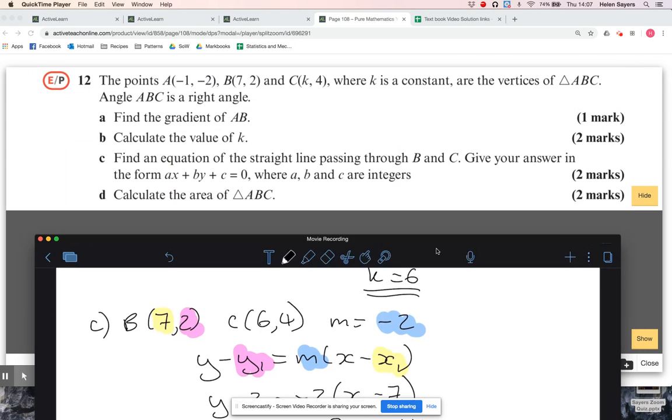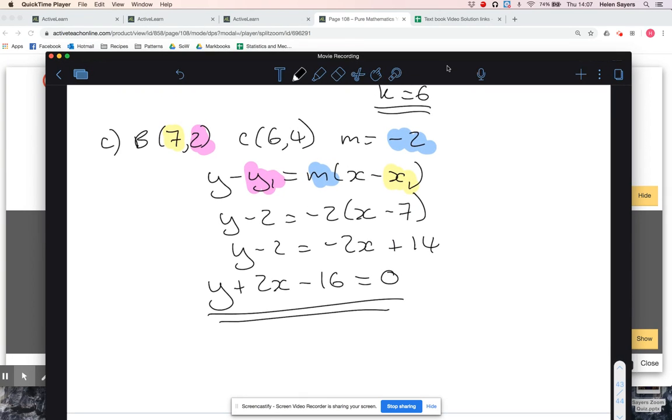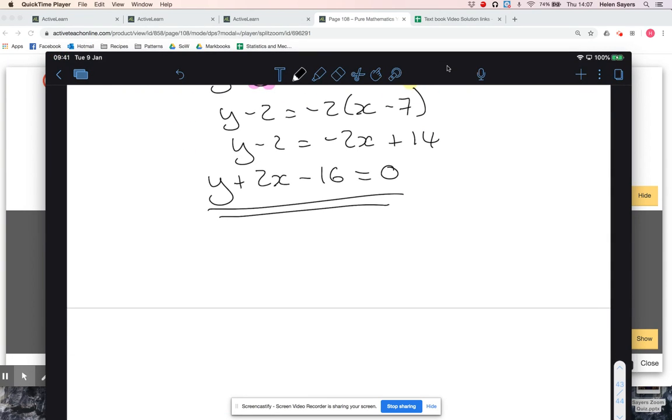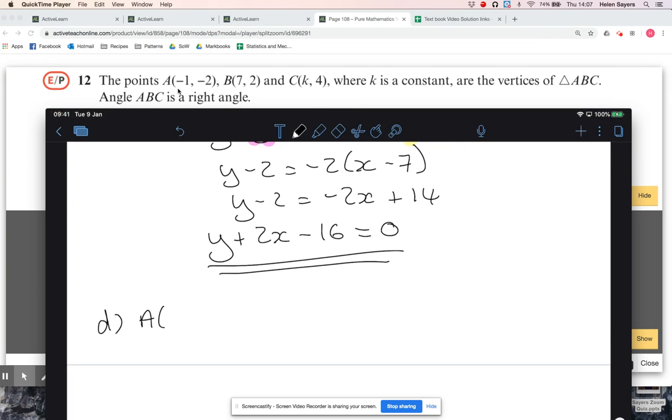And then I think it was the area. Yes, so calculate the area of triangle ABC. I've got coordinate A and coordinate B from originally. C, we worked out the K was 6, so C is 6, 4.